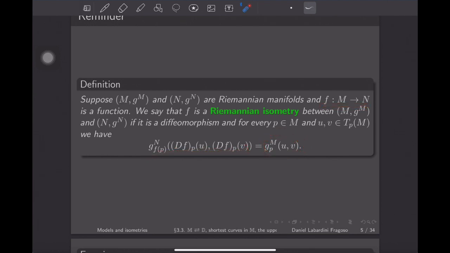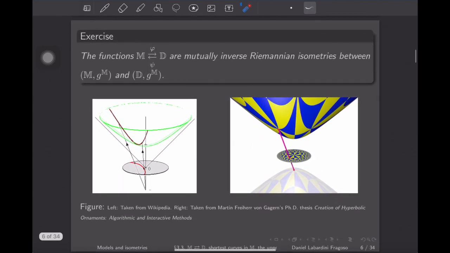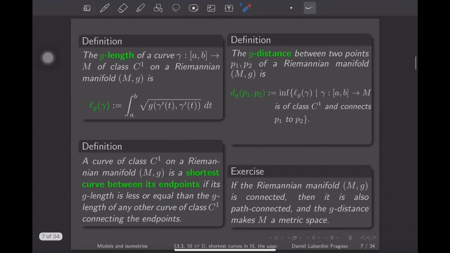At the level of tangent vectors, the way you go through the diffeomorphism is by applying the derivative. Then, as I said, the exercise is that these are Riemannian isometries. Now, the new stuff.